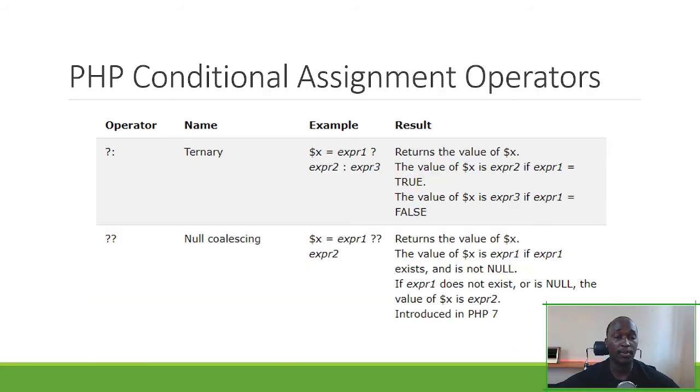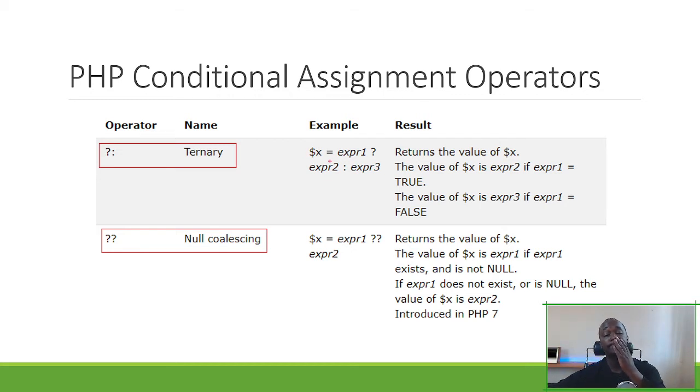And lastly, on operators, we have the conditional assignment operators. So the first one is called the ternary operator, and the next one is called the null coalescing operator. Okay, so let's begin with the ternary. So you have a variable.